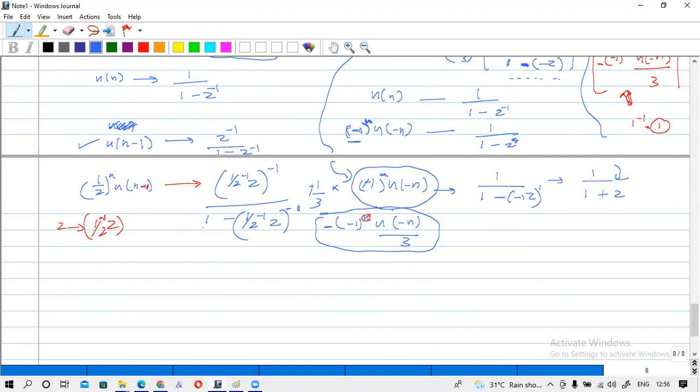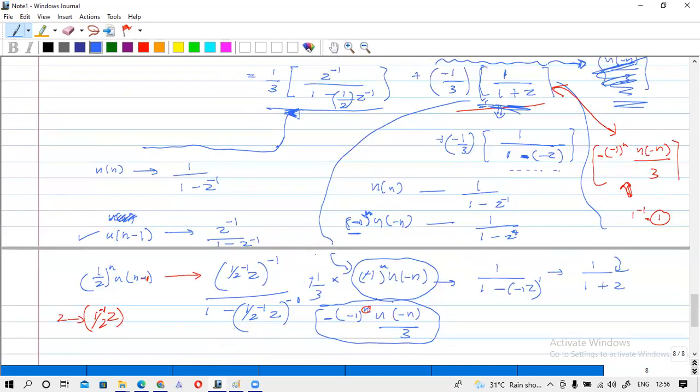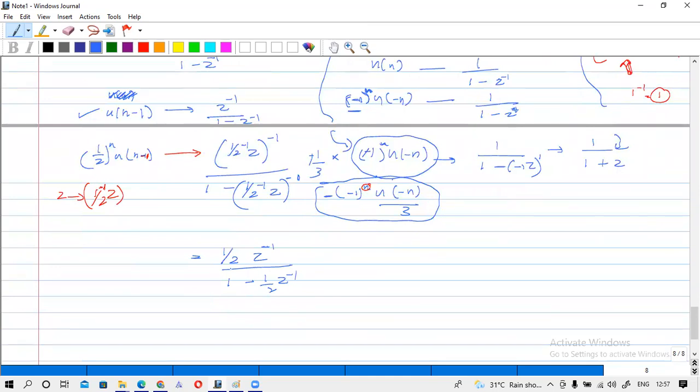If I simplify this one, I will get half minus into minus 1, I have a half, and here I have z^-1, and here I have 1 minus half minus 1 minus 1. I have half here, z^-1. So this part I got, no? This I got.